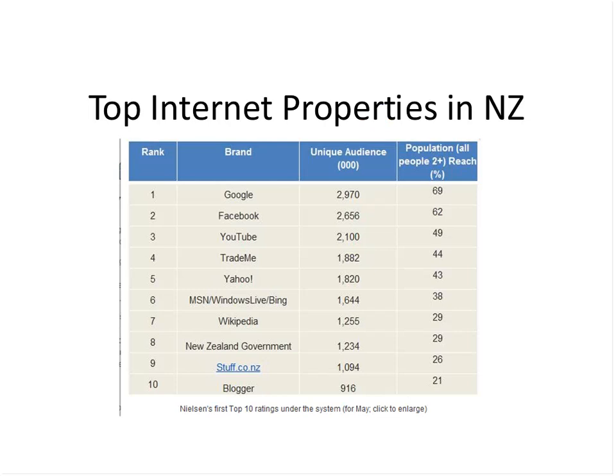They all have slightly different methods of calculating it, but the top players really don't change a great deal. So in terms of the internet properties in New Zealand, calculated by their unique audience, Google's at the top, followed by Facebook, YouTube, Trade Me, Yahoo, and then the MSN network.